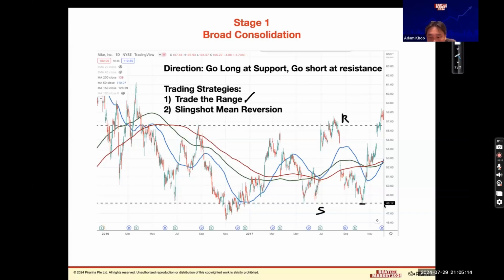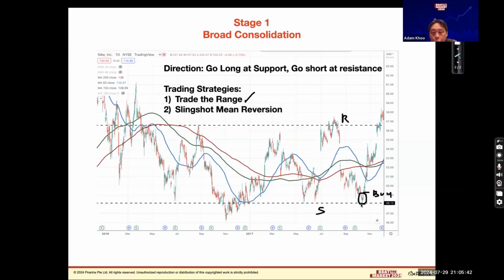Once it hits this 48 and you see the first green candle, you buy that. That's your buy price. Because you know that in this range, there's a high probability it is going to go back to that resistance. But again, is it a guarantee? Is it a guarantee after you buy, it will shoot up? No guarantee.